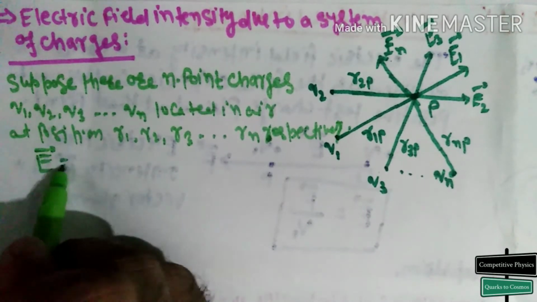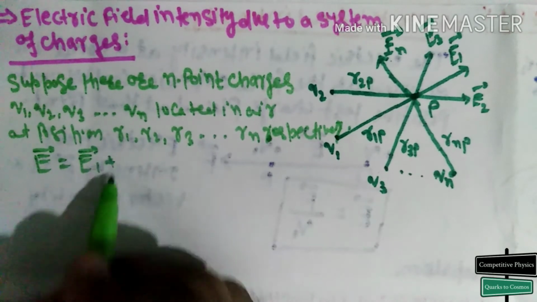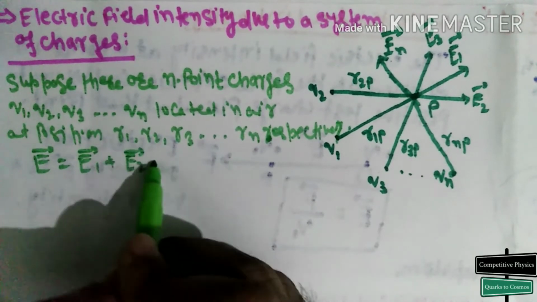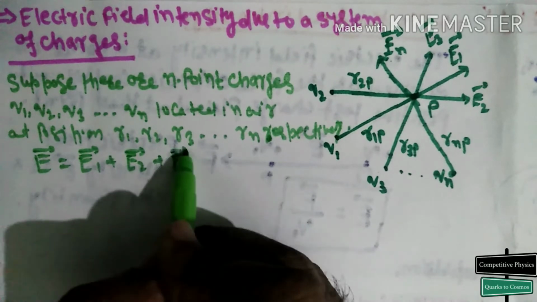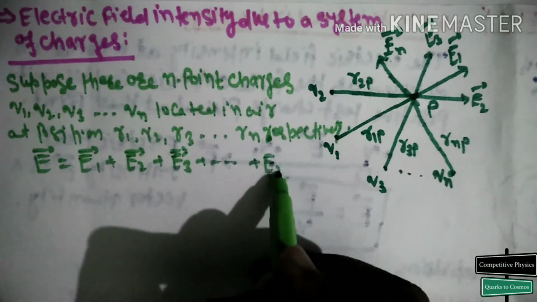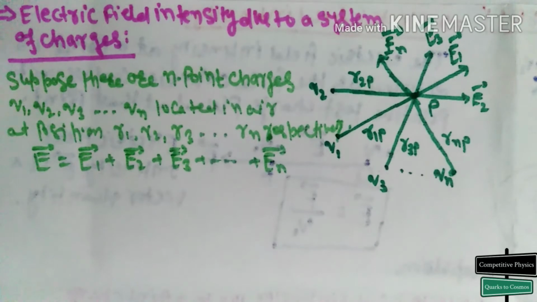It is E equal to E1 plus E2 plus E3 plus so on up to En, where E1 is the electric field intensity at point P due to Q1. E2 is the electric field intensity at P due to Q2. And E is the net or resultant electric field at P.